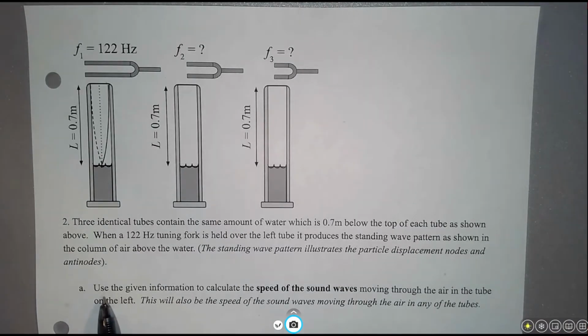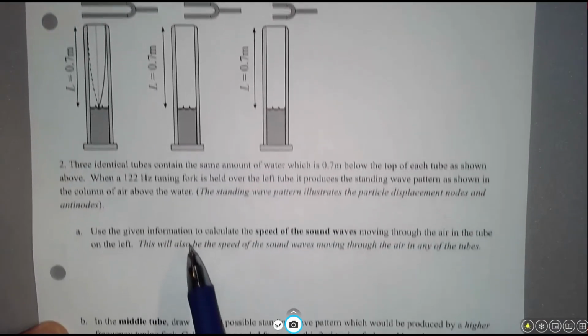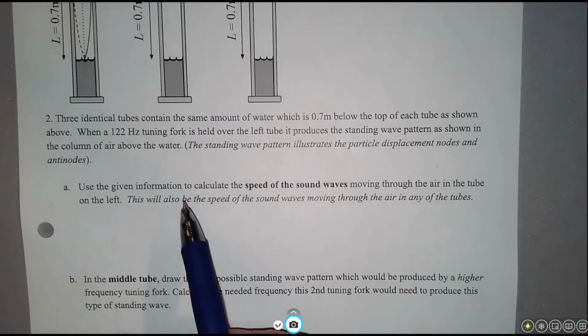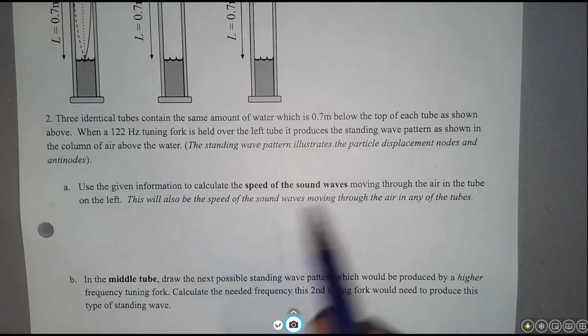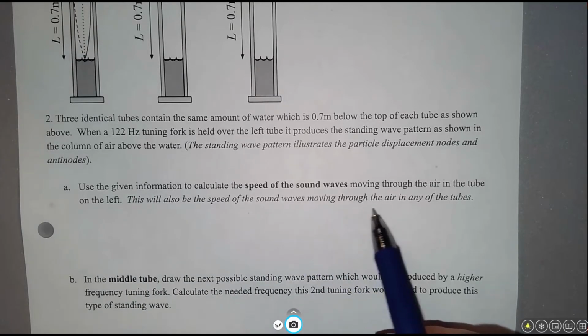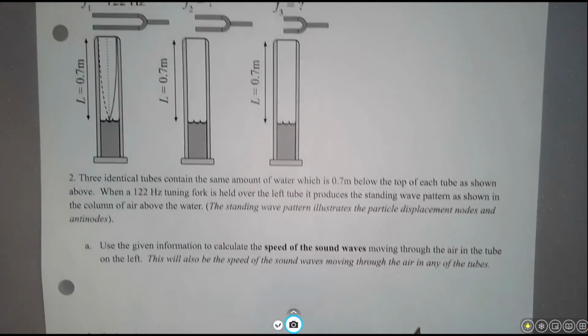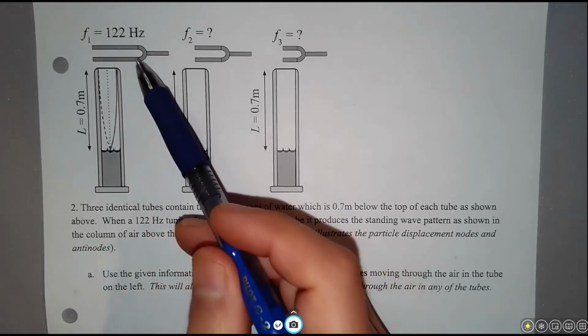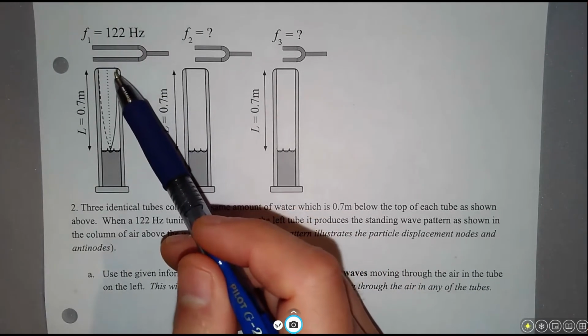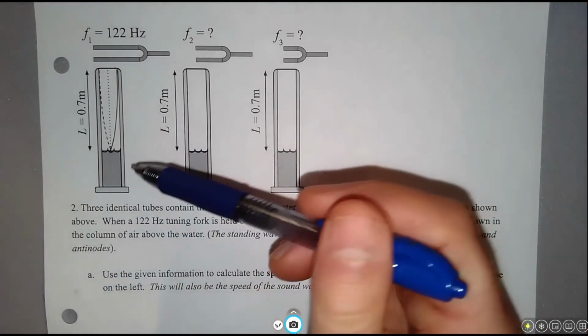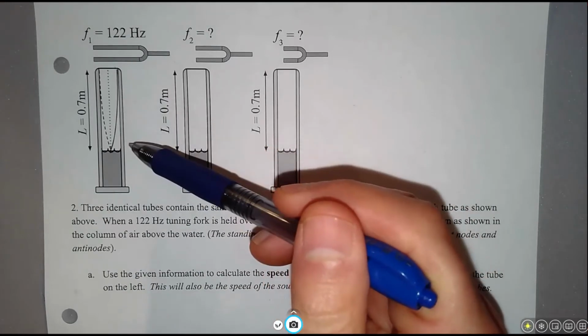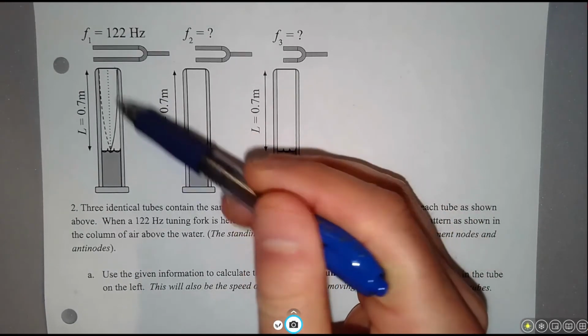So it says, for part A, use the given information to calculate the speed of the sound waves moving through the air in the tube on the left. This will also be the speed of the sound waves moving through the air in any of the tubes. And so we've got our 122 hertz tuning fork. It's moving through there at some speed. And in this 0.7 meter length, how much of a wavelength fits?